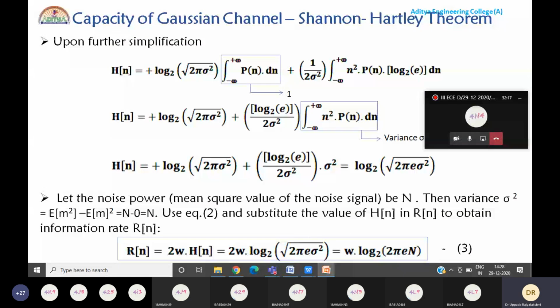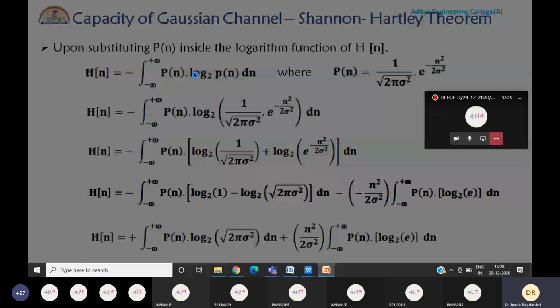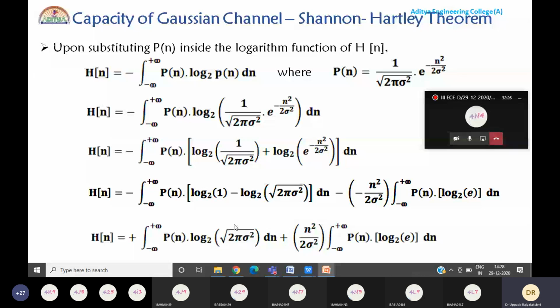upon further simplification, here log root 2 pi sigma square, please observe the equation carefully. This log root 2 pi sigma square is a value which is independent of n, so I can take it outside the integration. And this n square is a value which is dependent on n, so please take it inside the integration.